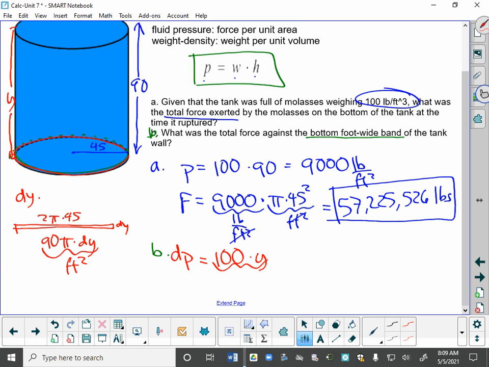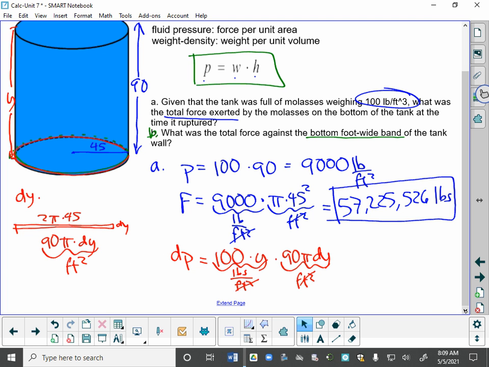This has units of pounds per square foot, and if we multiply that by our 90 pi dy, which has units of square feet, the square foot units will cancel. This will have units of pounds.